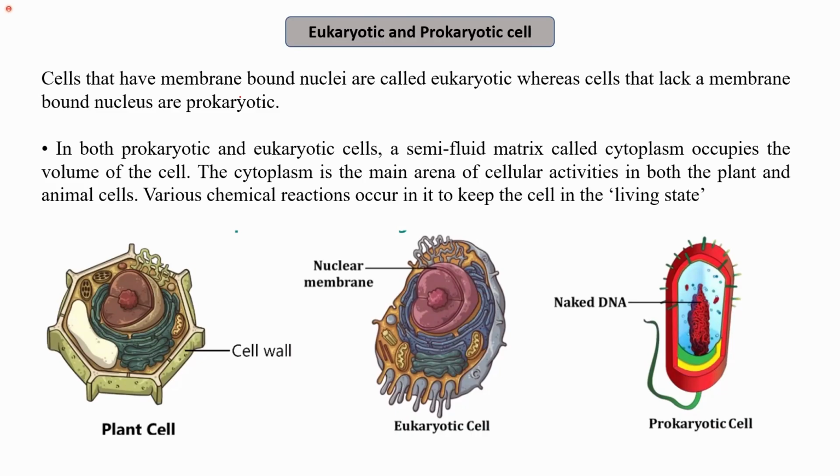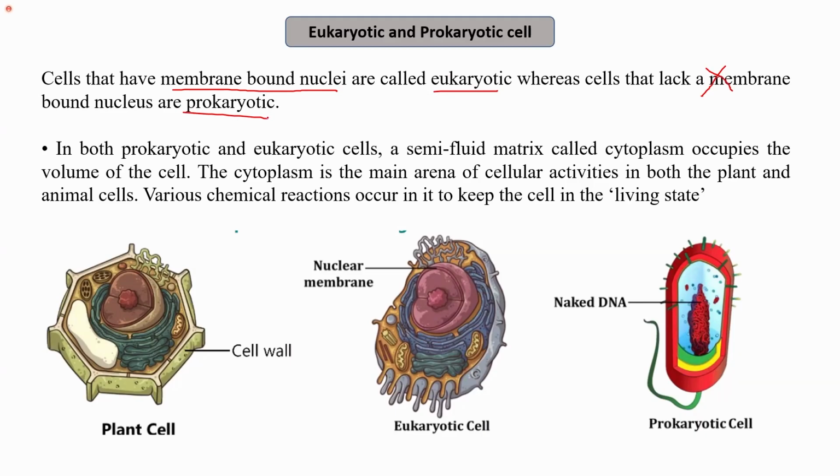But what exactly is a prokaryotic cell? So basically, we know that a cell is defined by a membrane. The cells that have membrane-bound nuclei are called eukaryotic, whereas cells that lack a membrane-bound nucleus are prokaryotic.